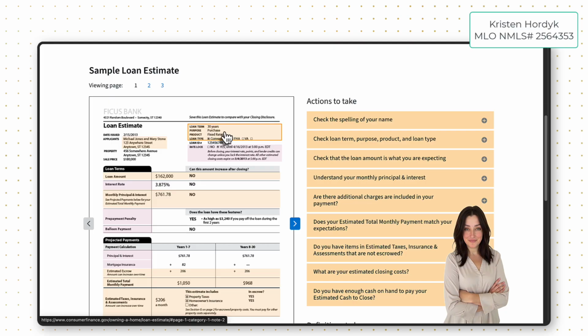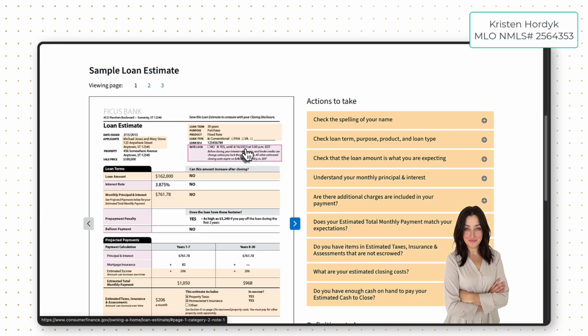Purpose: purchase, could be refinance. Product: fixed rate, could be adjustable rate. Loan type: conventional, FHA, VA. Loan ID or loan number, and rate lock, where you can see no or yes. In this case, yes is checked, and we have an expiration date right there.